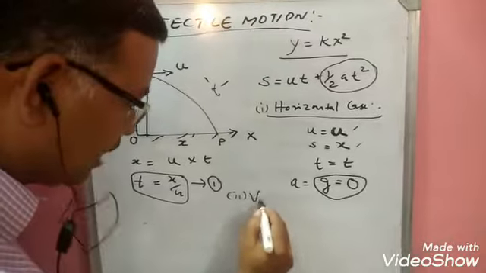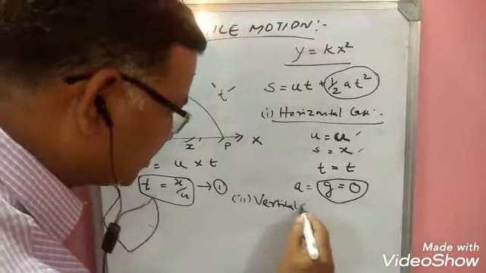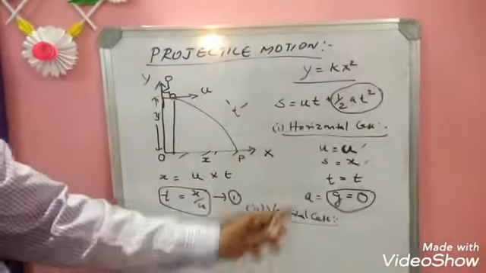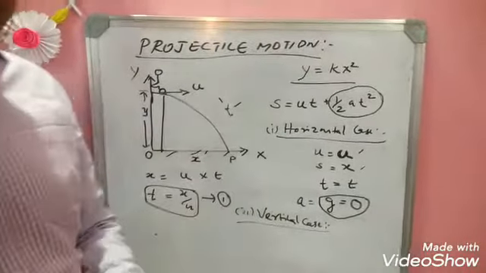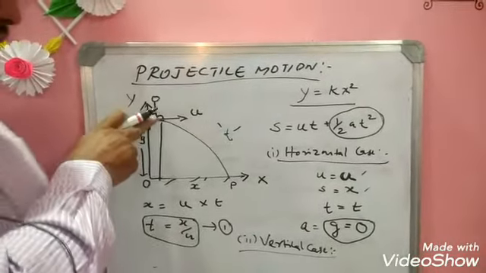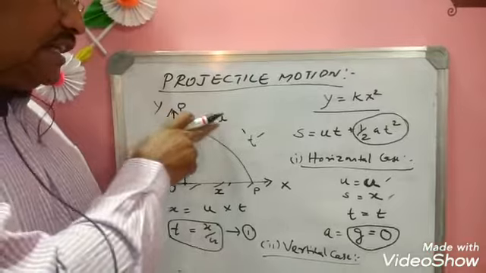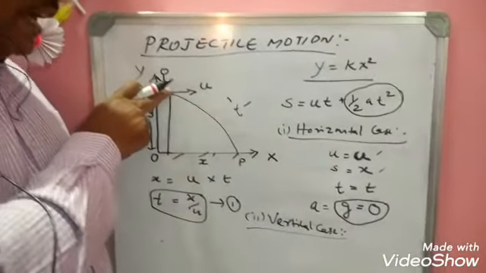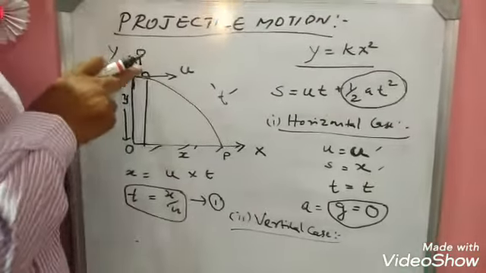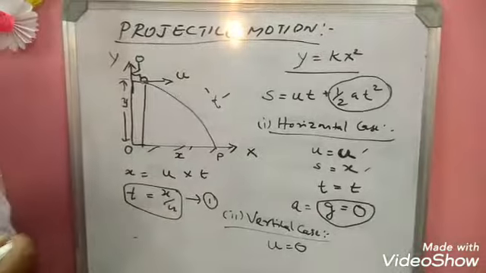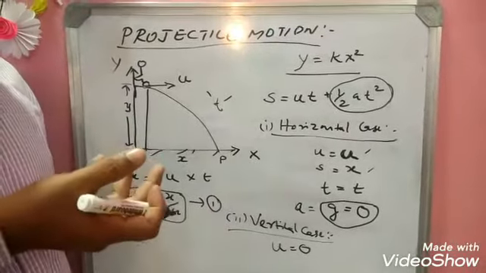Another part I will explain. Vertical case. You consider the vertical case. So in the vertical case also we are going to use the same equation. In the vertical case, what are the parameters? So here the horizontal uniform velocity u is equal to u. When you begin to throw, the body is at rest. So initial vertical velocity u is equal to 0 only because it is in your hand.